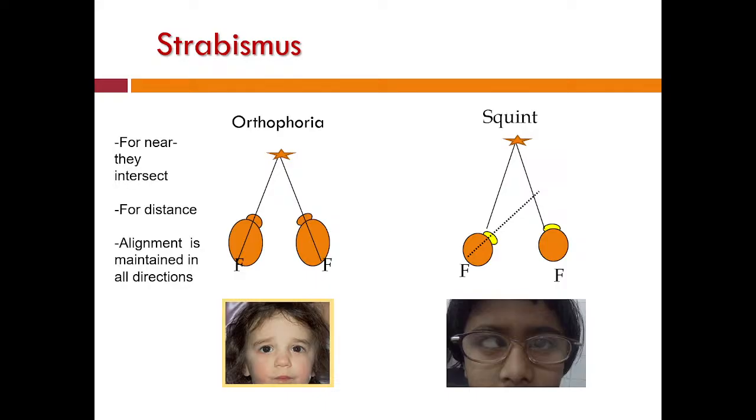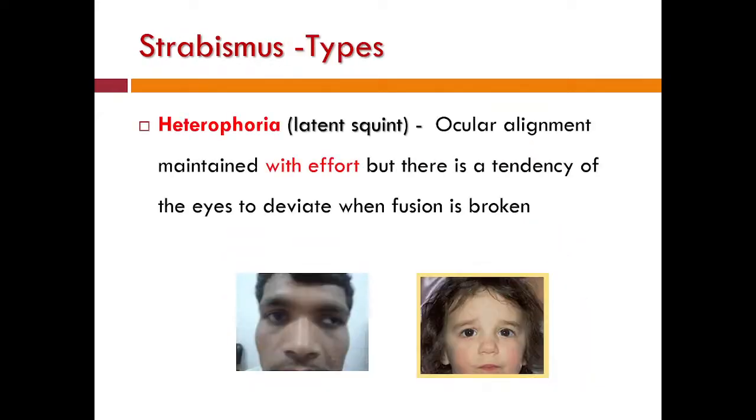So the image falling on the fovea will have a different quality, whereas an image falling on some extrafoveal point somewhere here will not have the same quality. It is a blurred image. So the brain is not going to fuse those images. So the patient will have uniocular vision. Okay. These patients who have a large degree of squint will not have binocular vision. The brain is not going to fuse these two images. So the patient will be seeing only with one eye, the other is not seeing because the image is not falling on the fovea. So you can say obviously this patient has a squint.